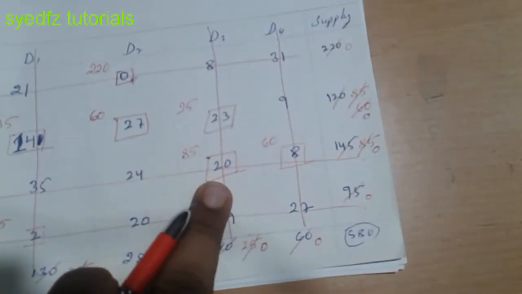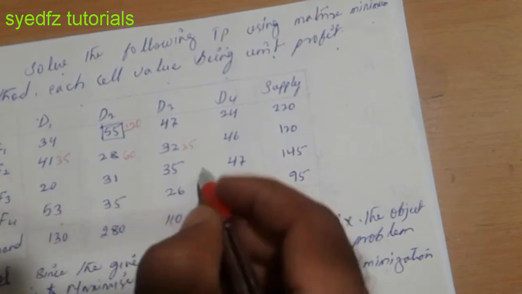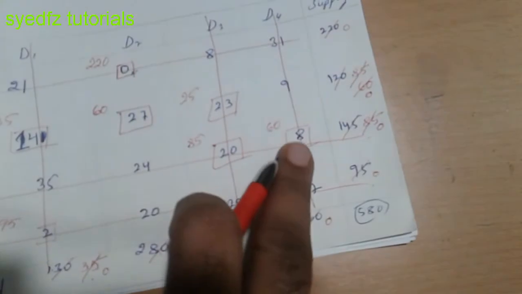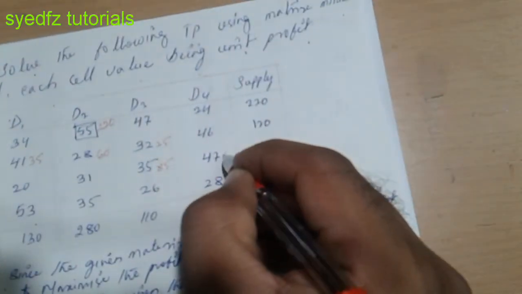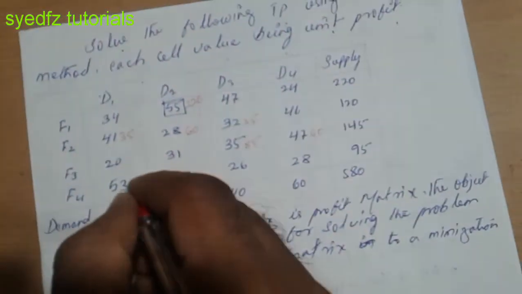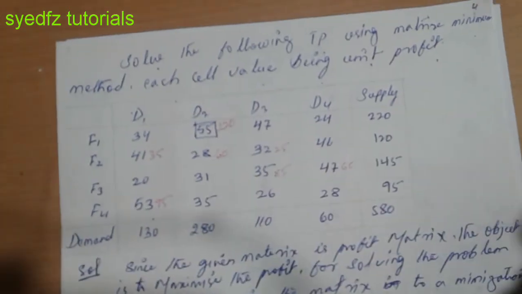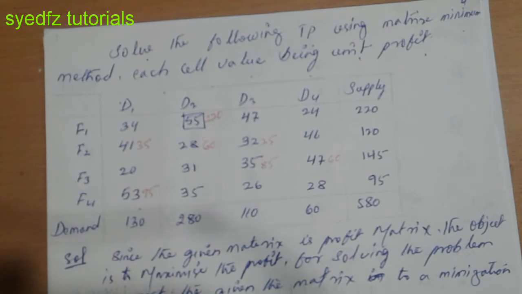D3 and F3 is 85. This is the F3 and this is D3, 85. D4 and F3 is 60. D1 and F4 is 95. So from here also we can directly take all the values very easily.